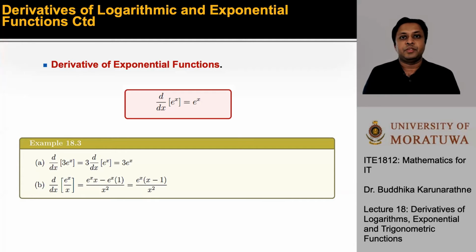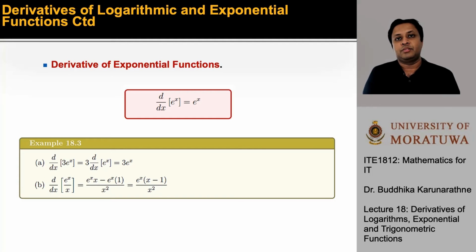In part A, you have d over dx of 3 times e to the power x. You can take the constant in front, 3 times d over dx of e to the power x, which will eventually become 3 times e to the power x. And in part B, let's take d over dx of e to the power x over x, and then you have to apply the quotient rule to simplify this derivative.